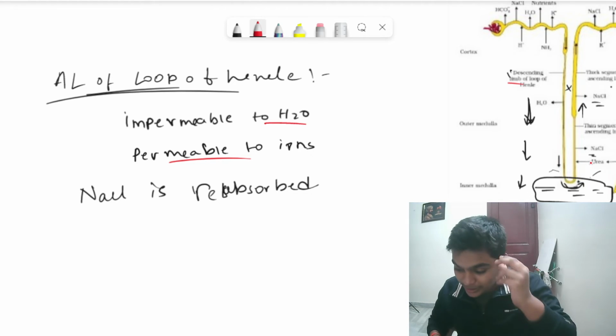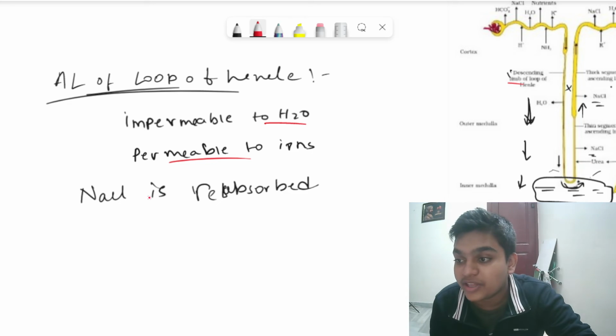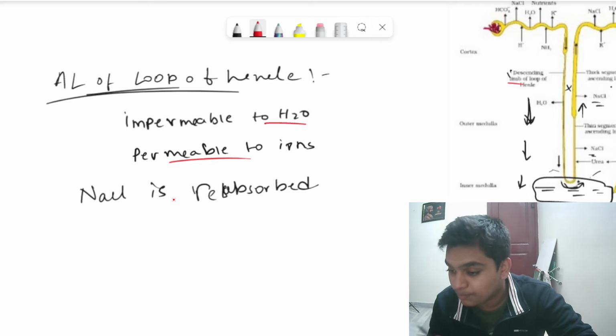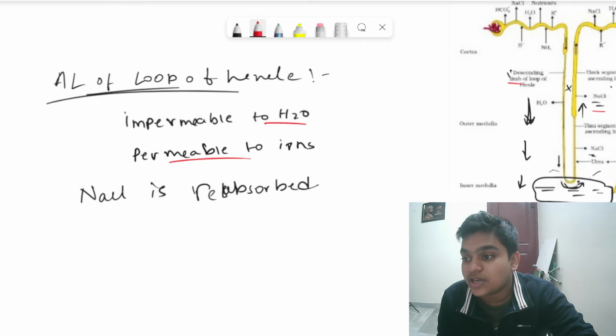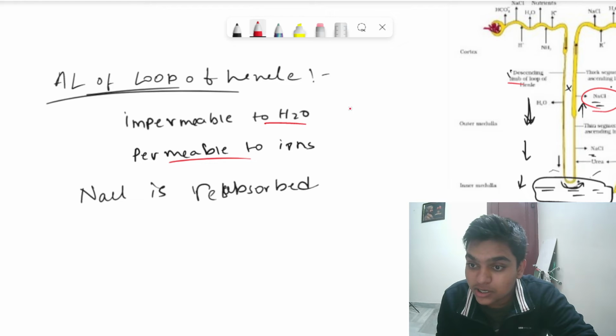I'll be telling you those values in the next lecture when I discuss the osmotic concentration and all. So that is why here it is hypotonic, since it is permeable to ions. Water concentration inside the urine increases and outside decreases, and it becomes hypotonic, and the dilution increases.